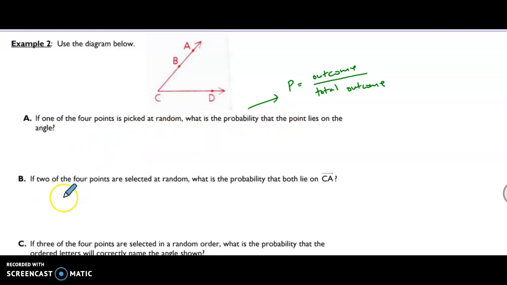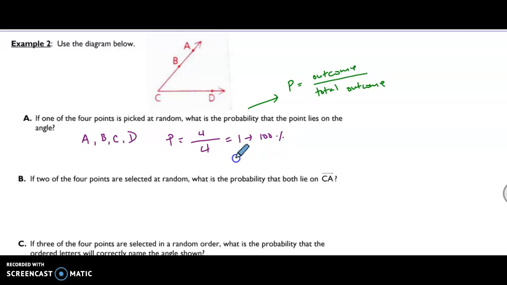Well, all 4 of those points are on the angle, right? And so the probability would be there are 4 total outcomes, right? Because there are 4 points, and the outcome that we want for that lie on the angle, that's 4 also. And so when it's 1, it actually means it's 100%, right? It's going to happen for sure.